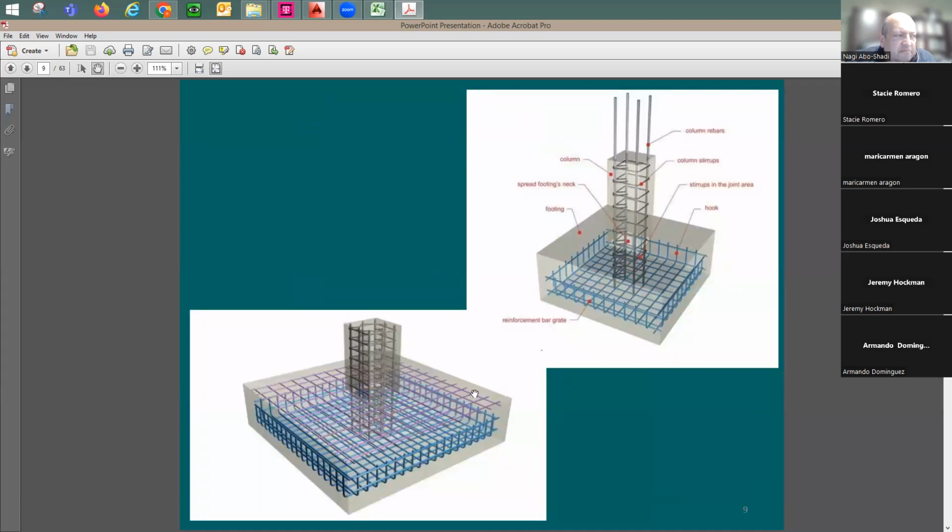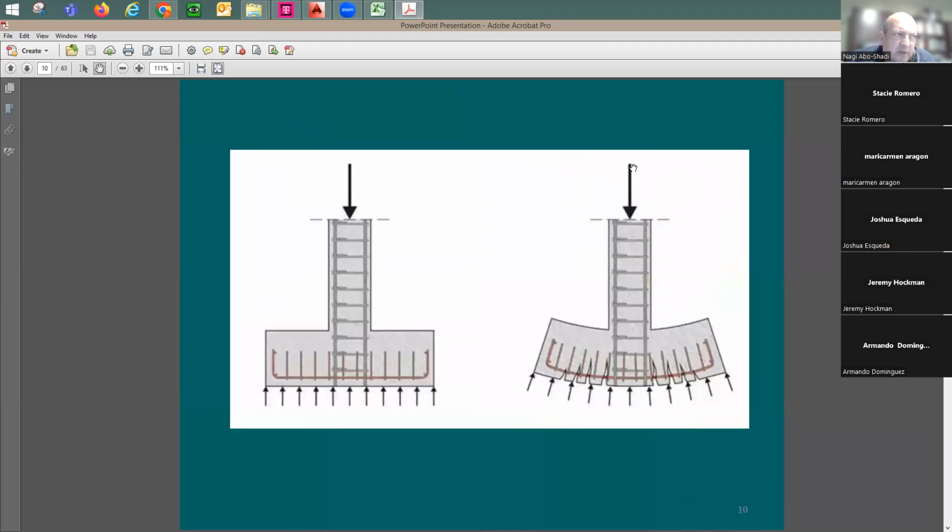Also, we discussed one of the simple pad footings. It has a concentrated load coming from the top. Now the pressure here is a resistance. It's going to be like the reaction. And as you see here, the footing is going to start to bend up. When this pressure is pushing up, the footing bends up, and the main reinforcement is going to be at the bottom of the footing.